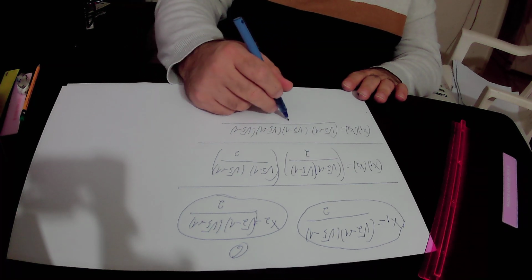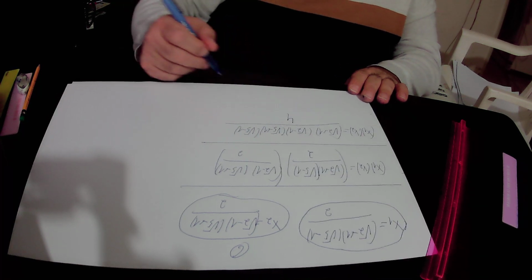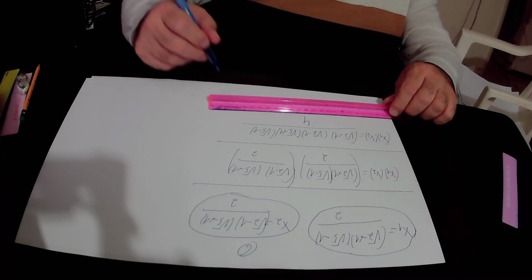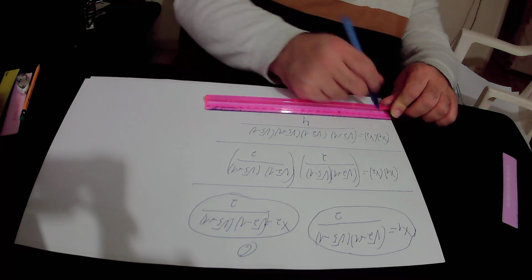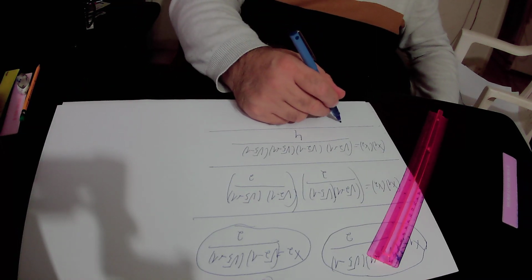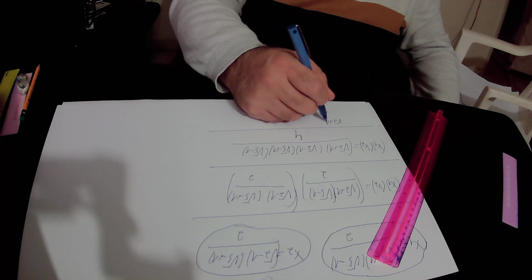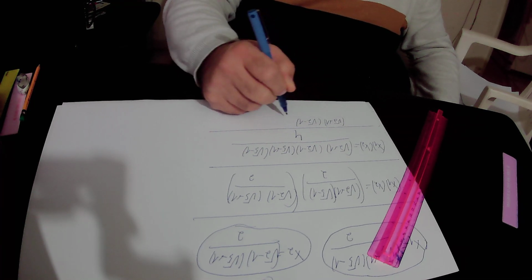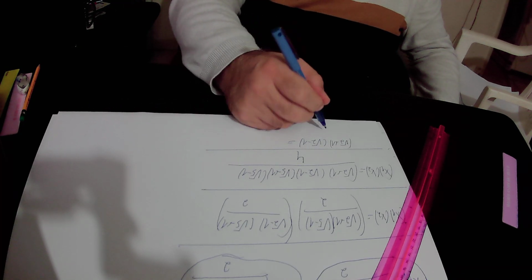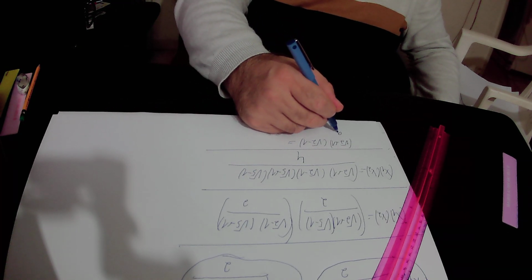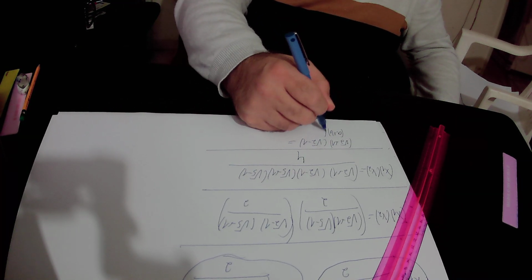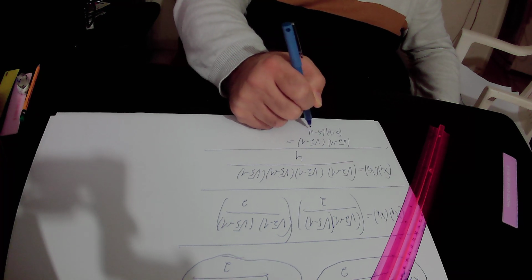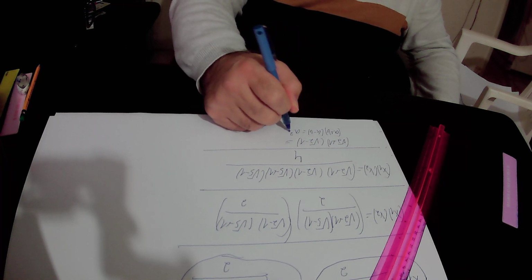2 times 2 is 4, so I'll write it down. So now we will calculate the value of square root of 2 plus 1 times square root of 2 minus 1 according to the algebraic identity that states that a plus b times a minus b equals to a squared minus b squared.